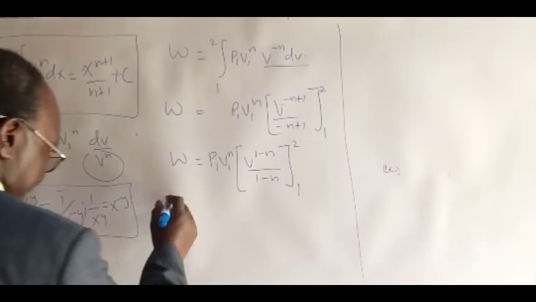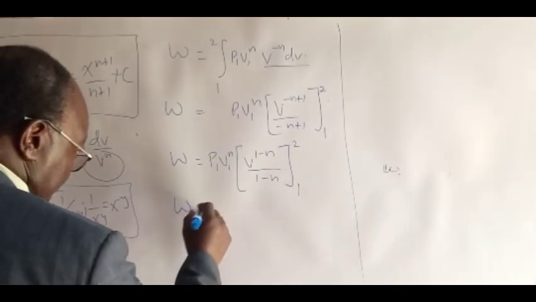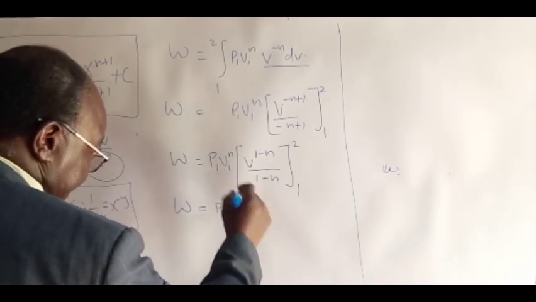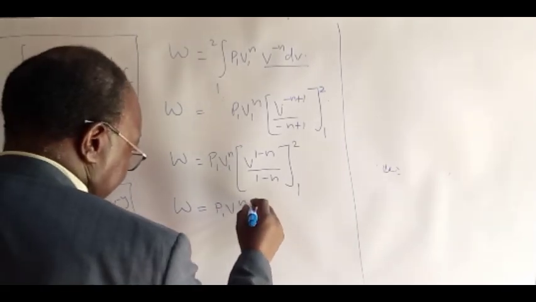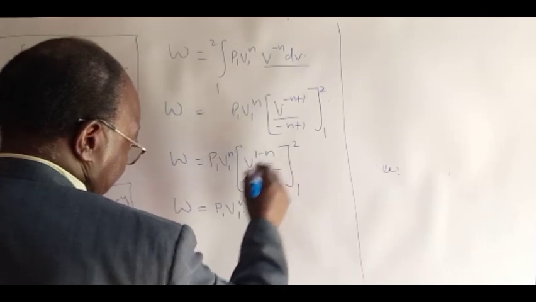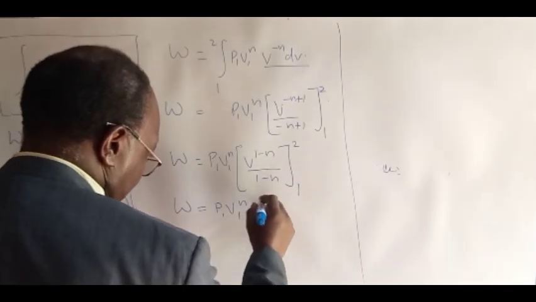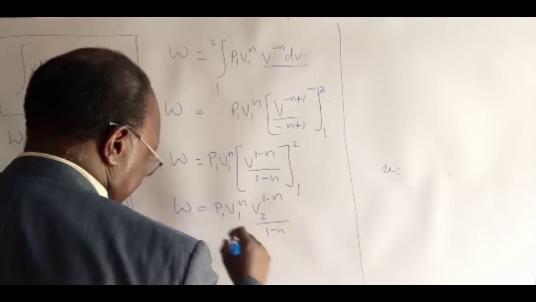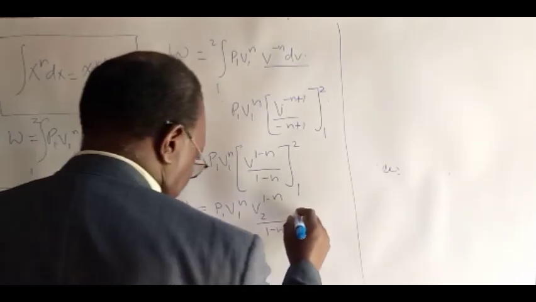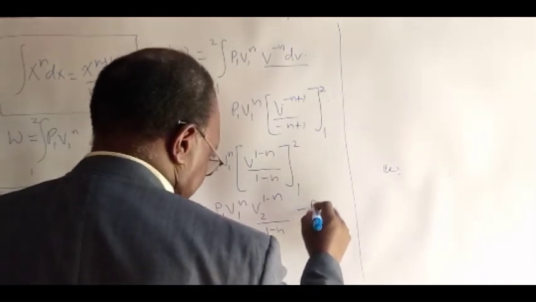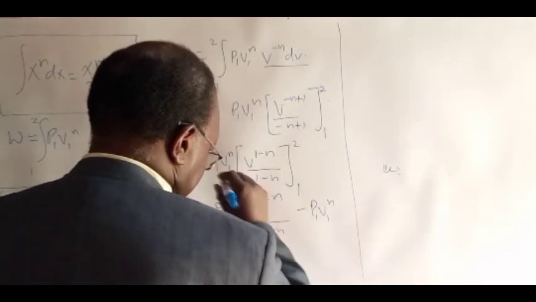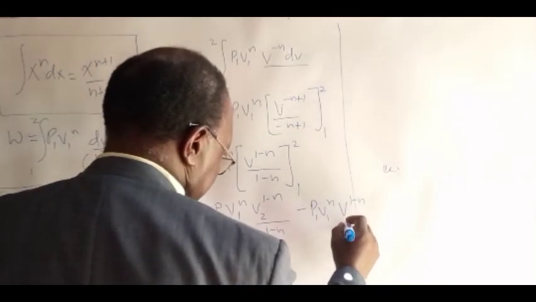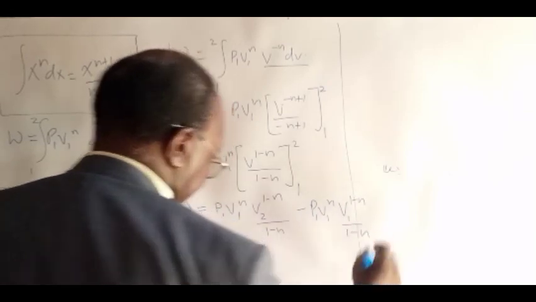Easier. So we have now W is equal to, when you open up the brackets, P1 V1^n V2^(1-n) minus P1 V1^n V1^(1-n), over 1 minus n.